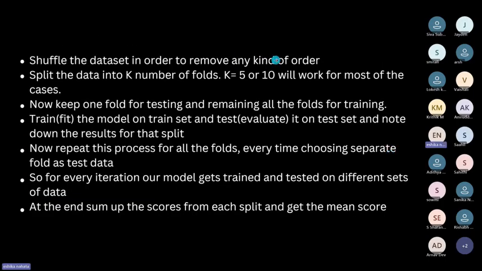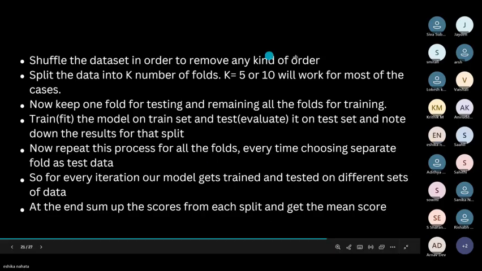To do this, we would shuffle the data first. A common value of k is somewhere between 5 and 10. We keep one fold for testing and the remaining folds for training.